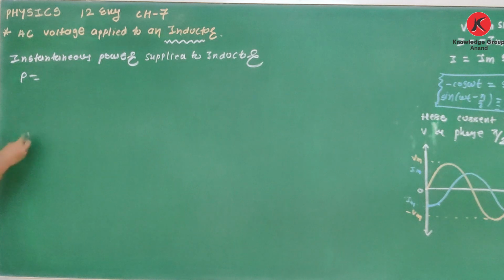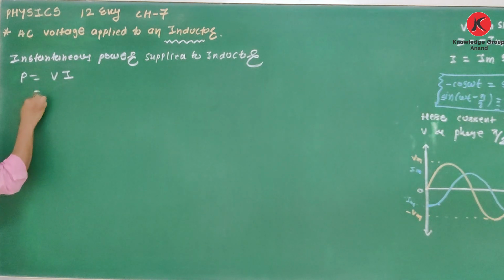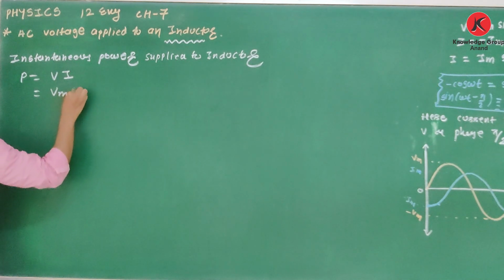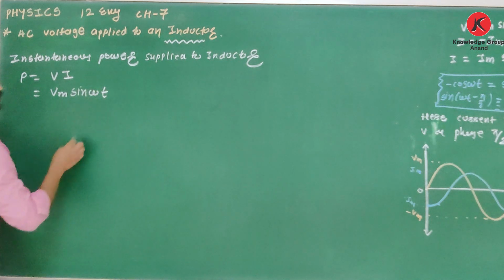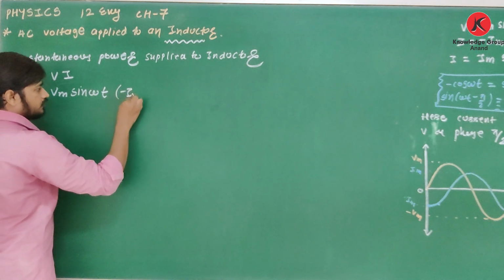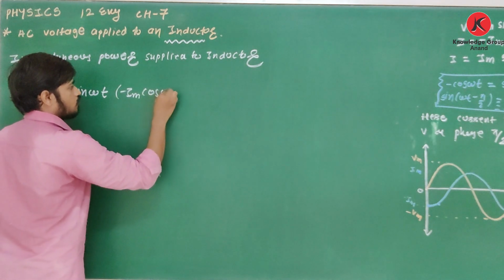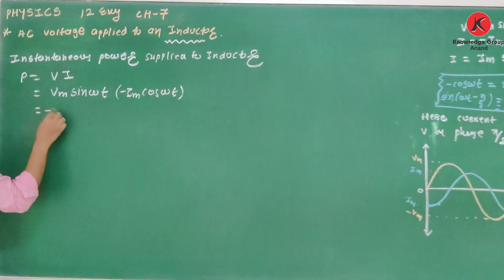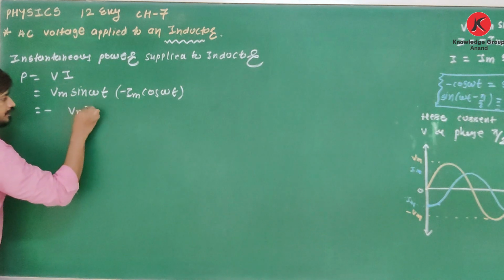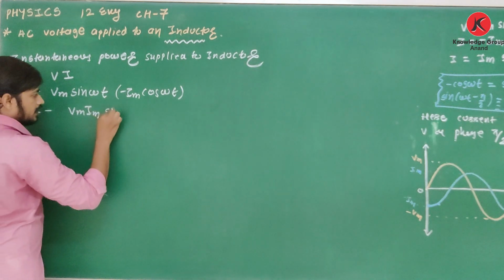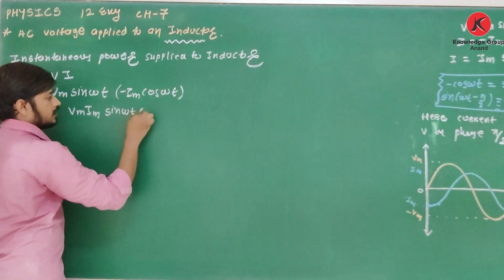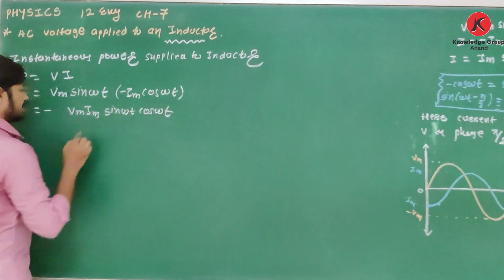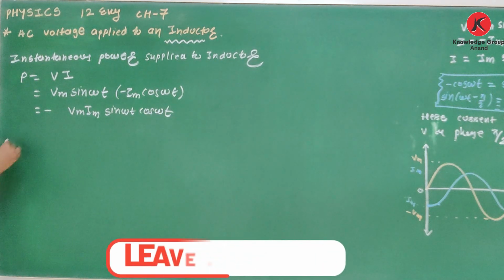P is equal to, we know that, P is Vi. What is the equation of V? Vm sin omega t. What is the equation of I? Minus Im cos omega t. So I can write this as minus Vm Im sin omega t cos omega t. Clear about this?